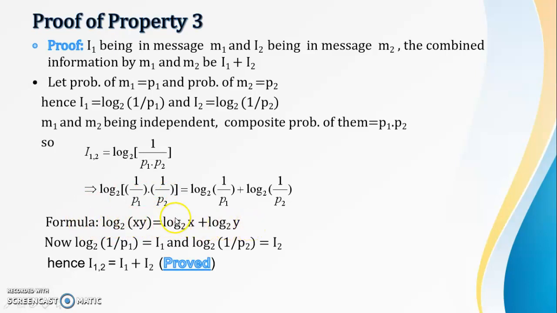By using this formula, I12 is log 2 1 by P1 plus log 2 1 by P2. Now see, this term is the information contained in message M1 and this term represents the information contained in message M2. So we can say I12 equals to I1 plus I2.